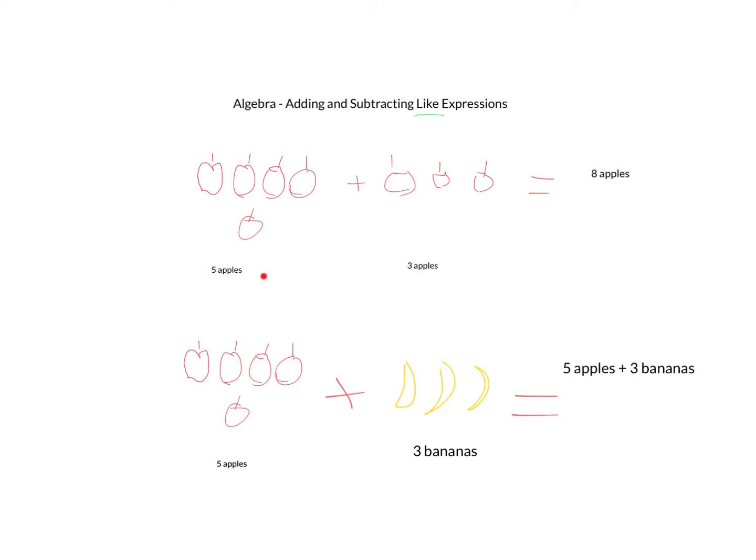But with 5 apples plus 3 apples, it simplifies down to 8 apples altogether. So even though there are 8 things in both of these, when they're the same thing, we're able to add them and simplify it nicely.